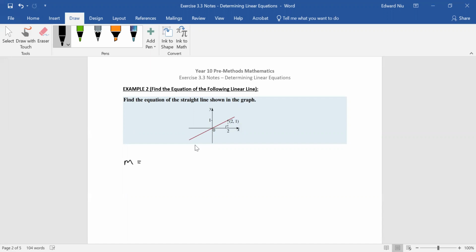Our 2 points are 2, 1 and 0, 0. So if this is our x2, y2, and this is our x1, y1, where both are 0, 0 because it's crossing the origin. Let's write the formula, y2 take y1 over x2 take x1.